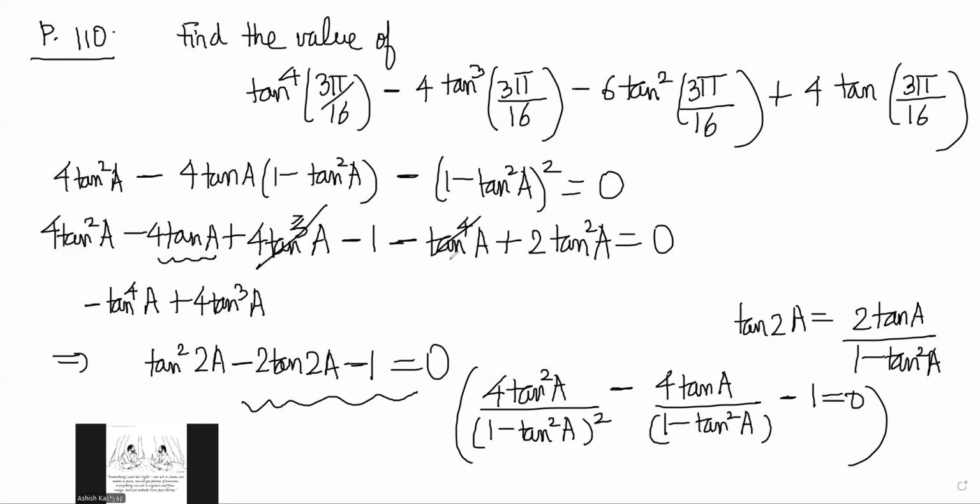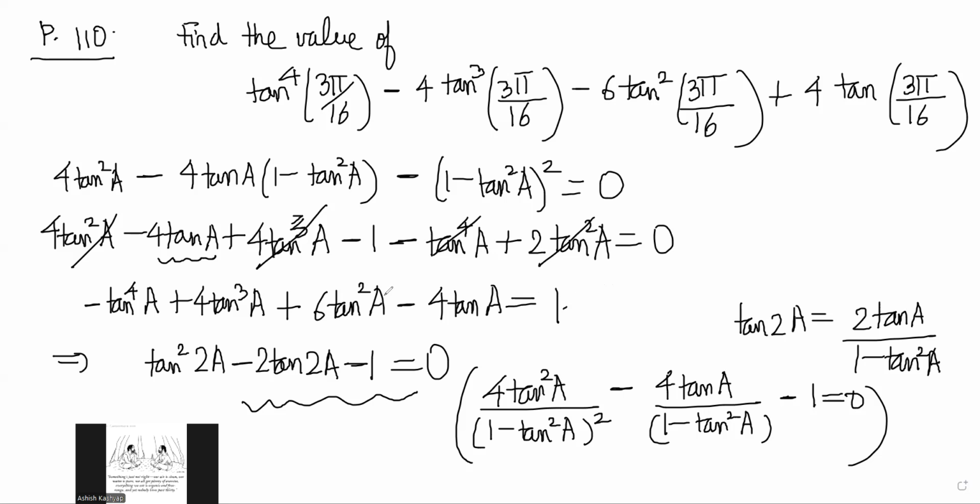Okay, there is a tan square A term, so plus 6 tan square A is there from here and here. Correct. So this term is gone, and then you have minus 4 tan A is equal to 1, right?